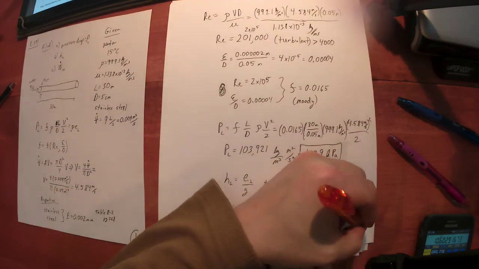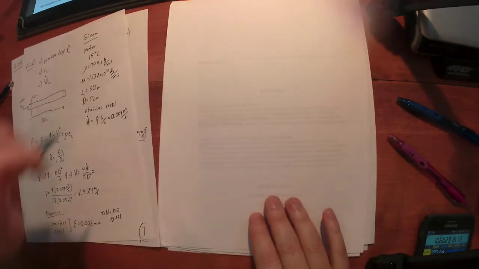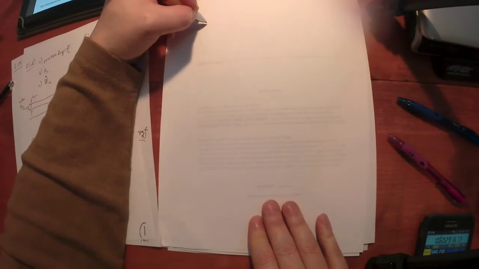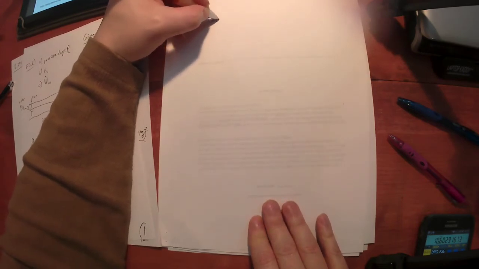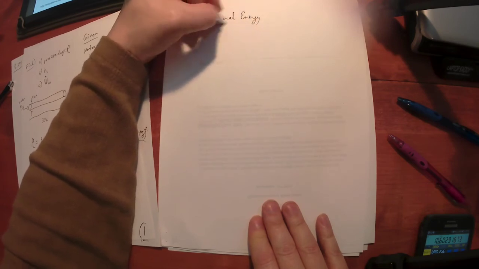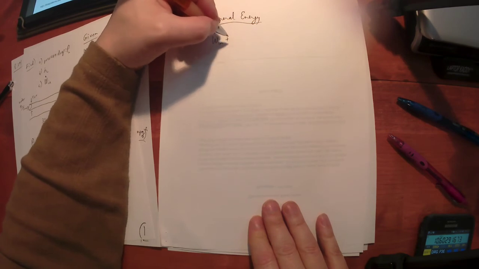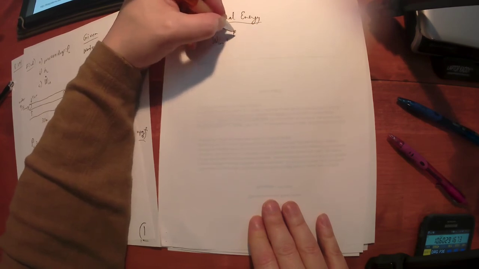Page 2. I want to know what is the power input required to overcome this loss. Well, if we go back and look at the general energy equation, that's the power input plus, let's just do this.